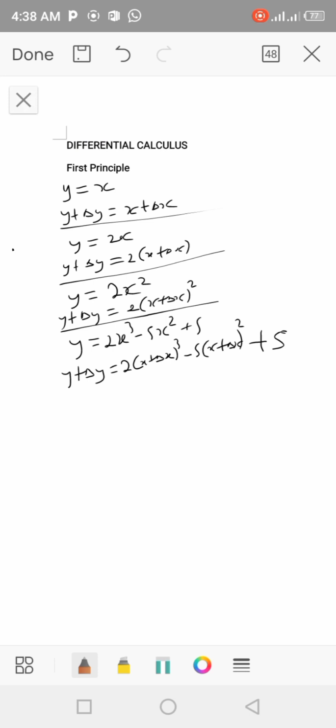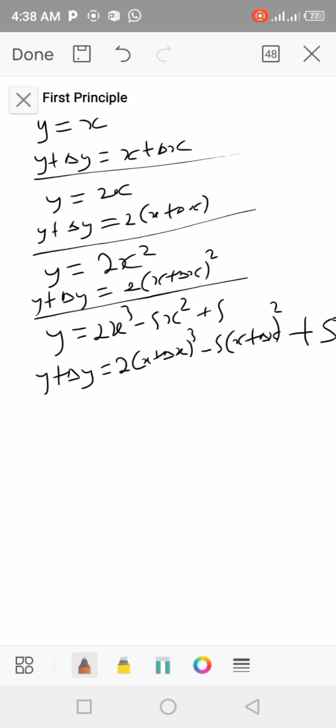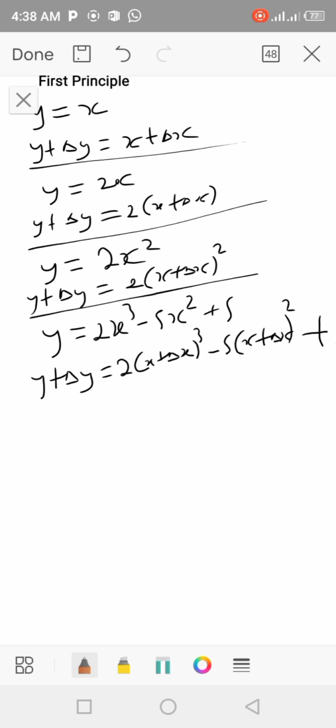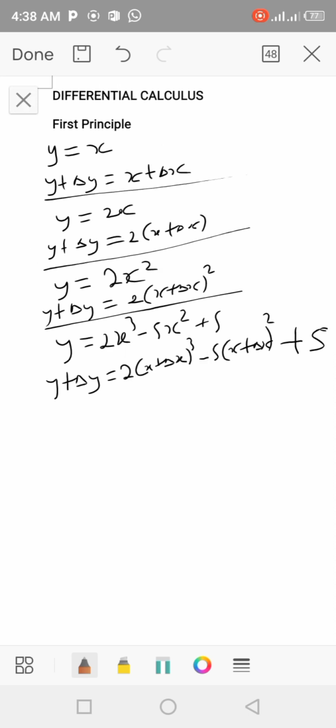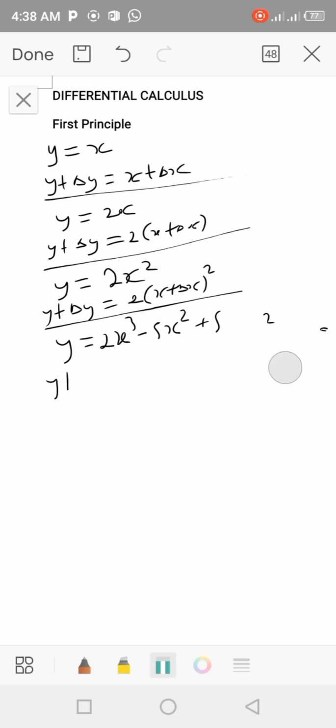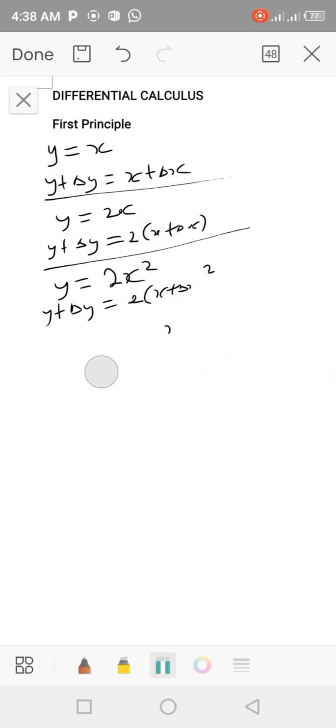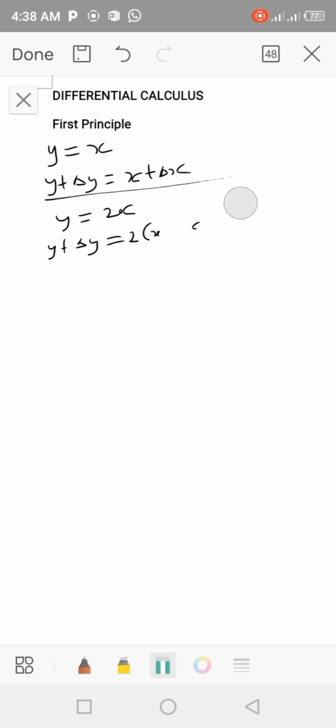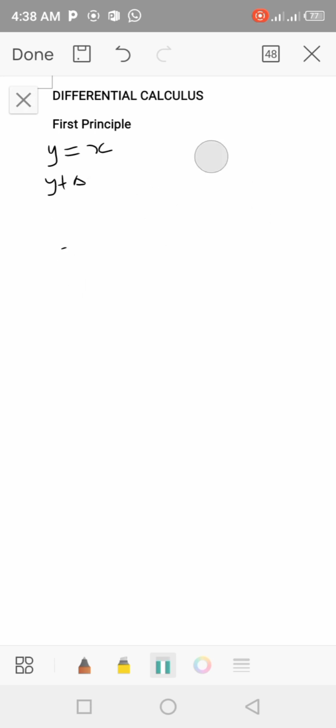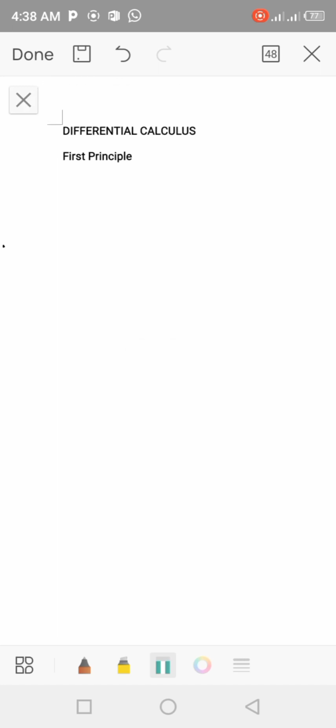So that is how to set your initial problem in first principle, your initial solution. But now I'm going to solve some questions that will show the process of first principle from start to finish. So let me show the question right away.